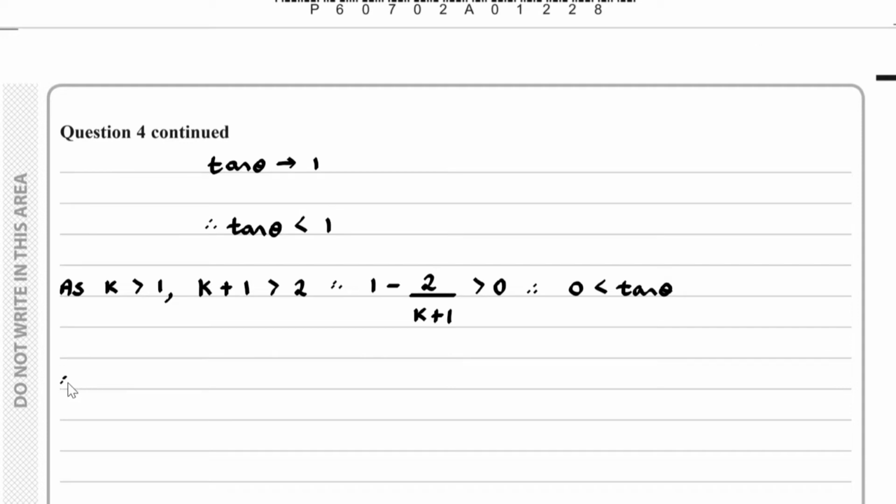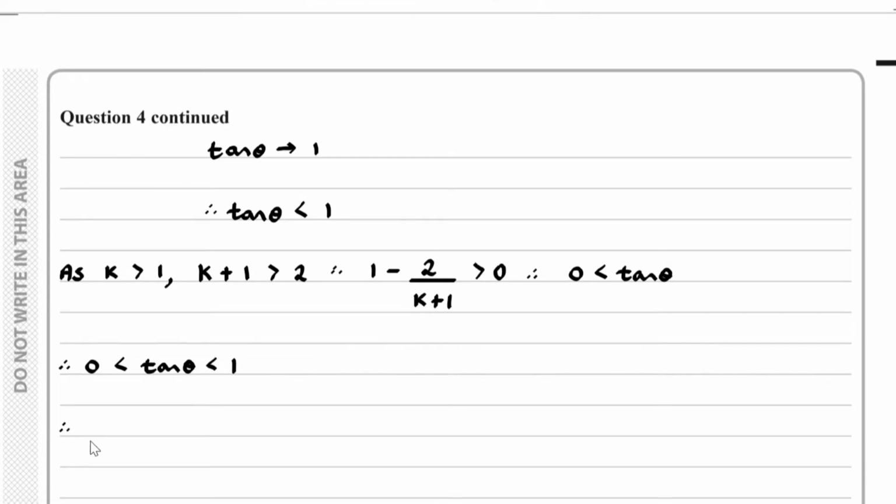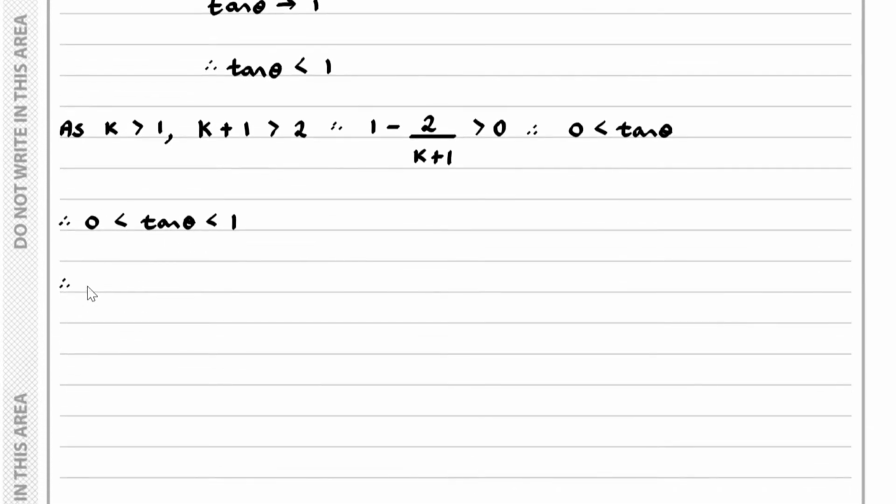Which means if I combine those inequalities, I've got 0 less than tan theta, which is less than 1. And if I take the arctangent of those, I've got the inverse tan of 0, which is less than theta, which is less than the inverse tangent of 1, which means I've got 0 less than theta, which is less than pi over 4.